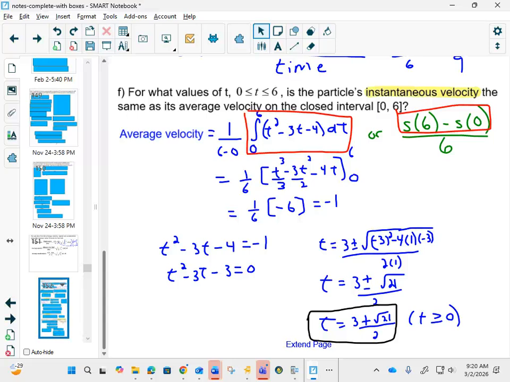And in the quadratic formula, you'd have the plus or minus. But in the context of the question, time could only be positive. So you have to take that into consideration. Realize that 3 minus the square root of 21 over 2 is negative, and cancel it out.